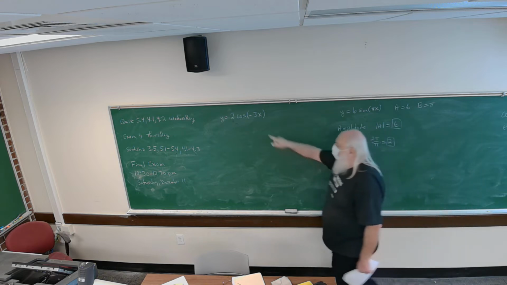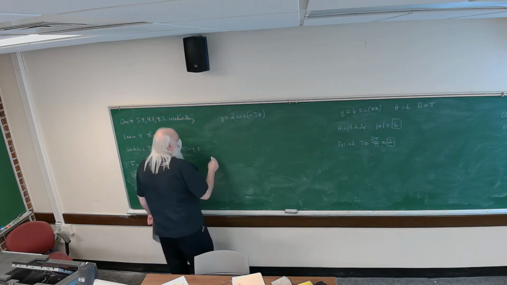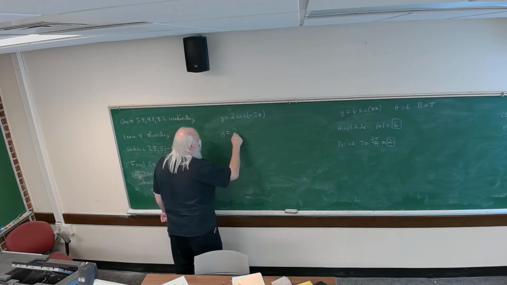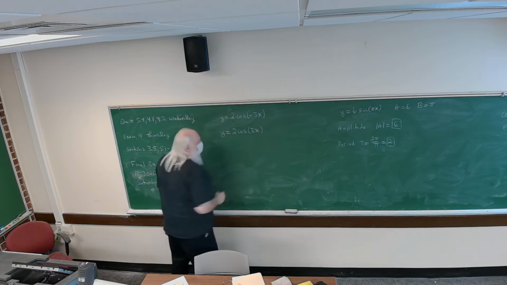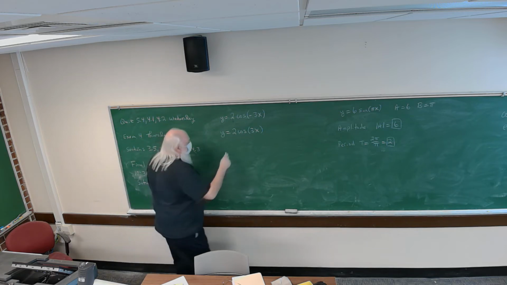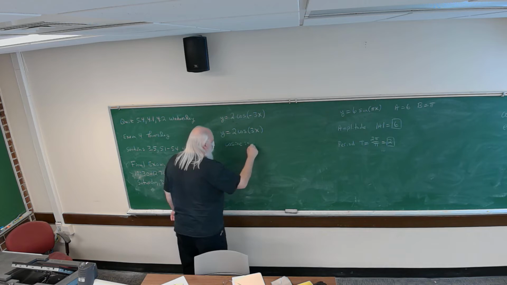So this minus sign, we can just drop it. So this is equivalent to y equals 2 times the cosine of plus 3x. Cosine is an even function.